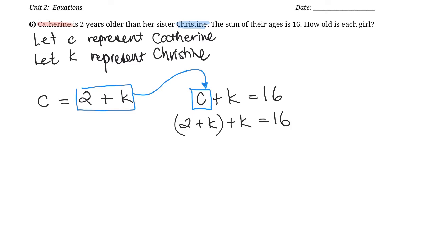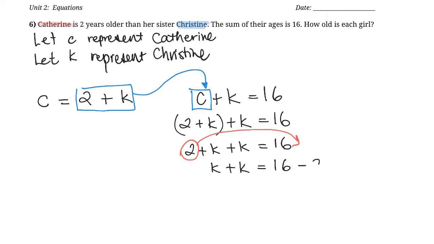All right, so you could just take off these brackets to begin with, and then what you could do is either collect like terms or simplify a little bit first, or you could just go ahead and start moving things around. So I'm going to actually do some moving around, and I'm going to take this 2 and bring it over to the right-hand side. So that's going to leave me with K plus K equals 16, take away 2.